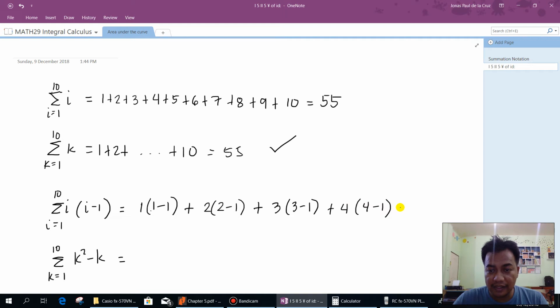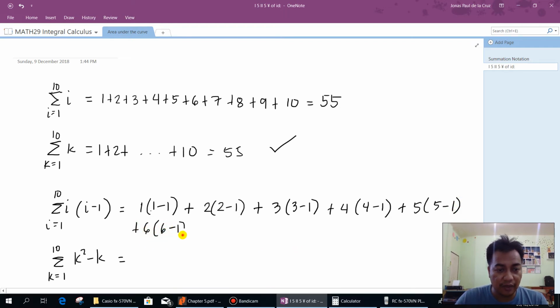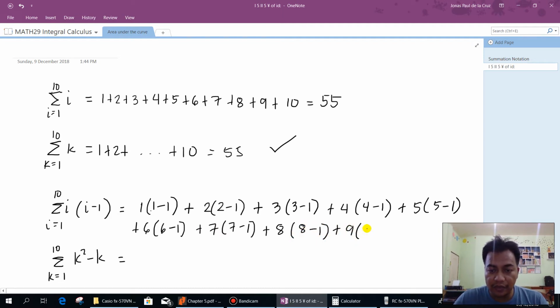And then plus 5 times 5 minus 1. And then plus hanggang 10 ito. 6 times 6 minus 1 plus 7 times 7 minus 1 plus 8 times 8 minus 1 plus 9 times 9 minus 1. And finally, this is 10 times 10 minus 1.